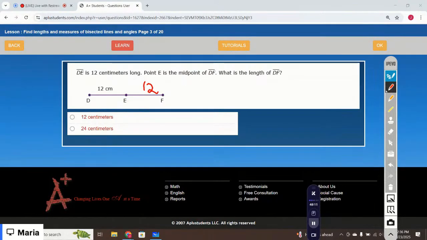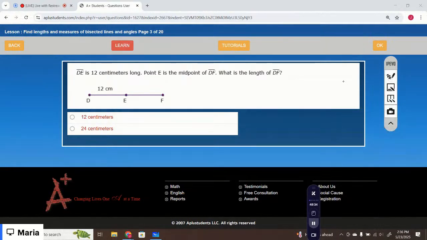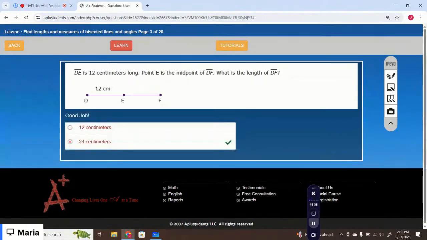So EF is also equal to 12, but you need to find the length of DF. So that is 12 plus 12 equals 24. Option number 2 is the correct option, 24 centimeters.